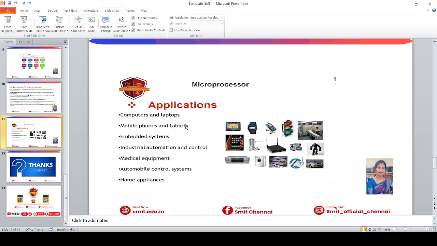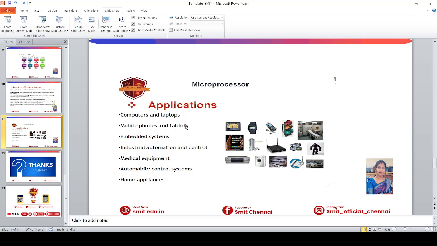Next one is the embedded system. An embedded system is designed for a particular application, so definitely the microprocessor will be there. Next one is industrial automation and control, for example controlling machinery and process control. For this, the microprocessor is used in industrial automation, right?